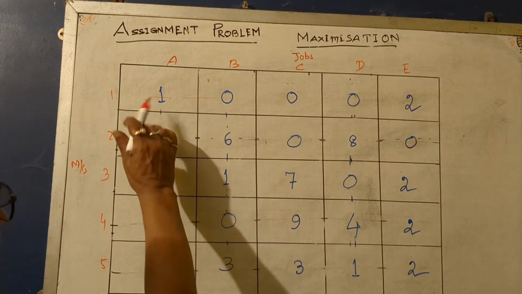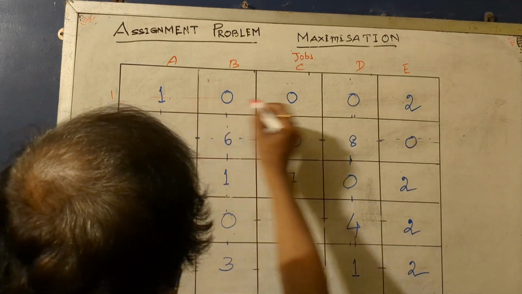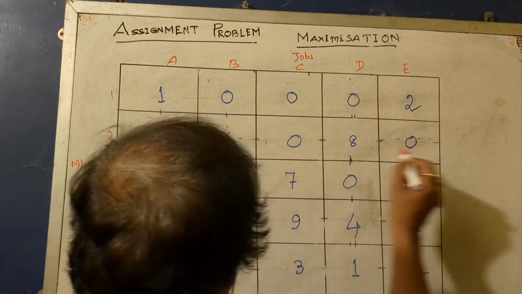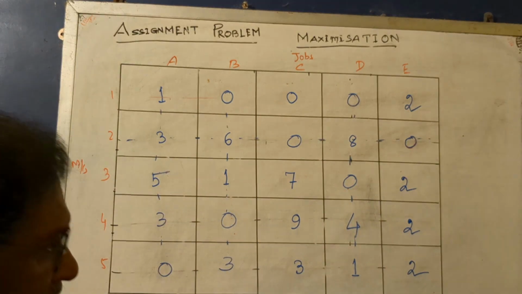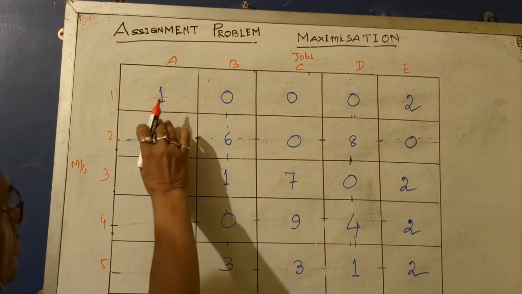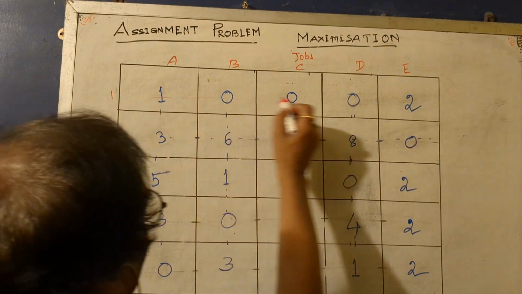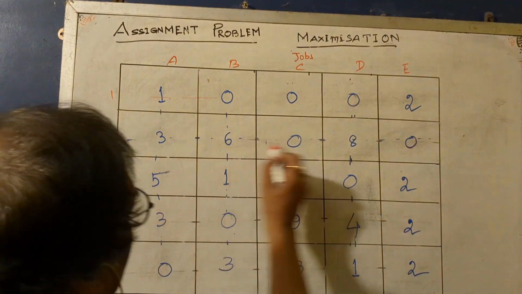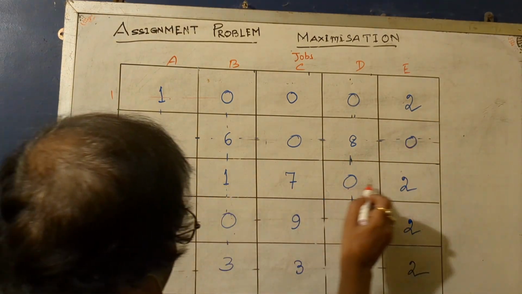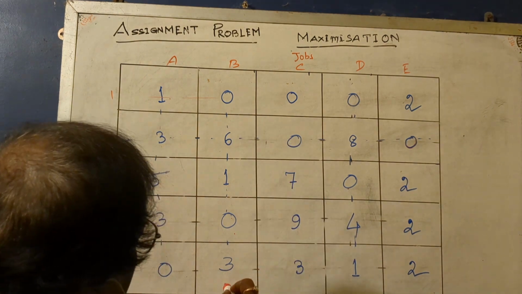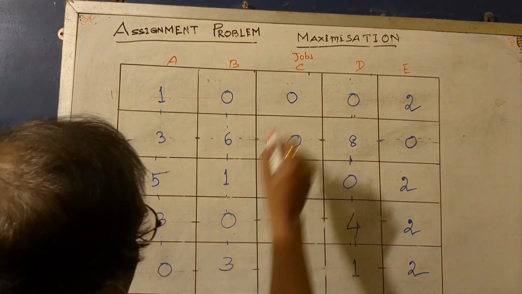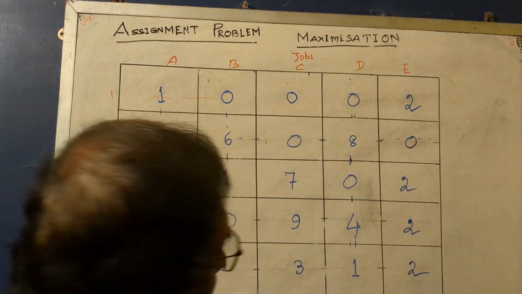Don't confuse, I am not writing the lines, just using the same table for allocation. But in your exam you have to show that 5 lines are required in this way: second line, third line, fourth line, fifth line. Or if you draw in this way, second, third, fourth, fifth.